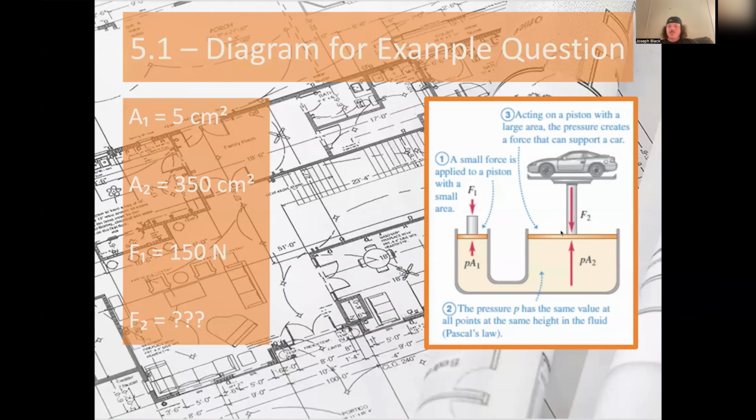And over here is the big ram under the car, which is going to be our A2 with an area of 350 centimeters squared. And because Pascal's law says that pressure is transmitted undiminished, that same pressure acts on both pistons, setting us up to calculate the lifting force, F2.